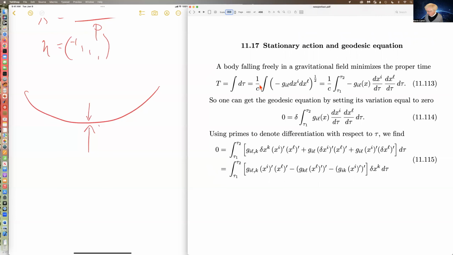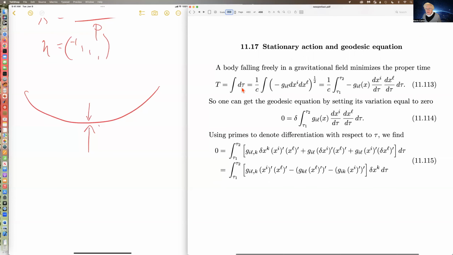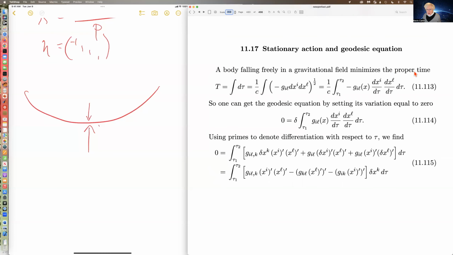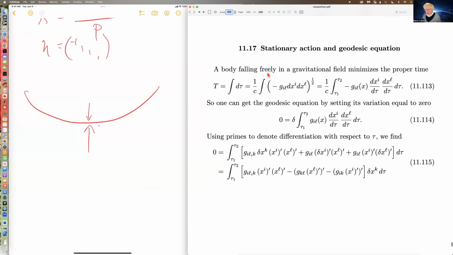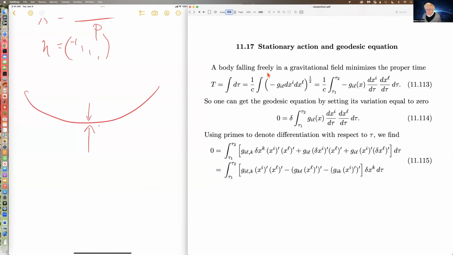The simpler way is to say that we have a scalar here called dτ. This is proper time of a falling body in a gravitational field, and dτ is then this.